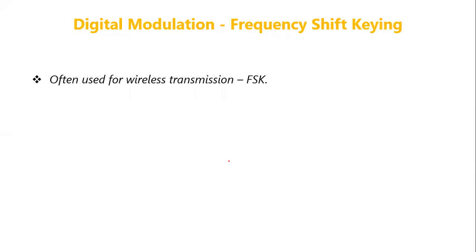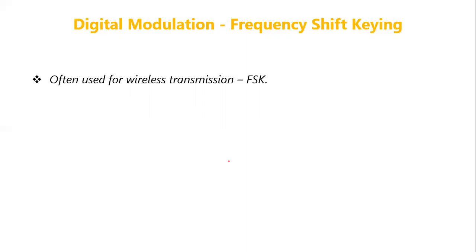For transmitting 0, we use one frequency, say f1, and for transmitting 1, we use some other frequency, say f2. Two different frequencies will be used with the same amplitude. The amplitude of the signal will be the same, but the frequencies will vary.